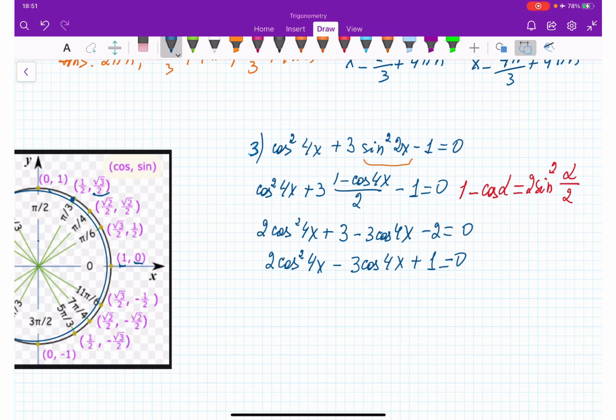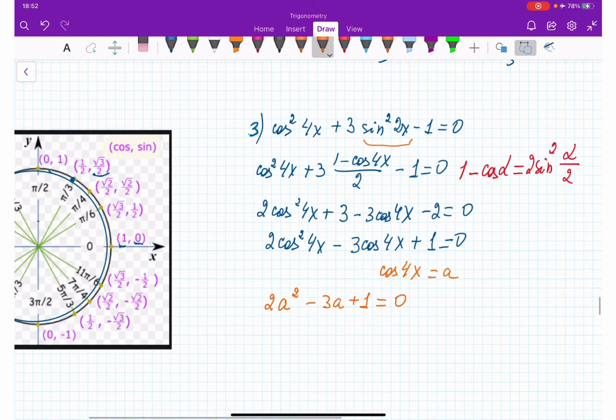What I'm going to do, I'm going to substitute cosine 4x with a. And I'm getting 2a squared minus 3a plus 1 equals 0.